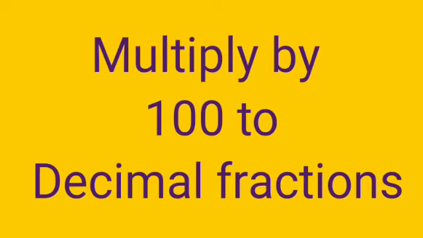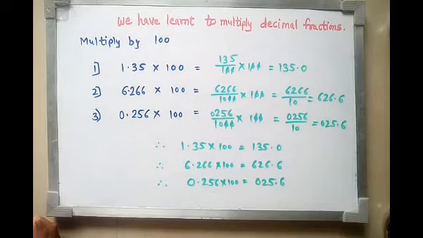Multiply two decimal fractions by 100. Here I solve three examples. Multiply by 100.